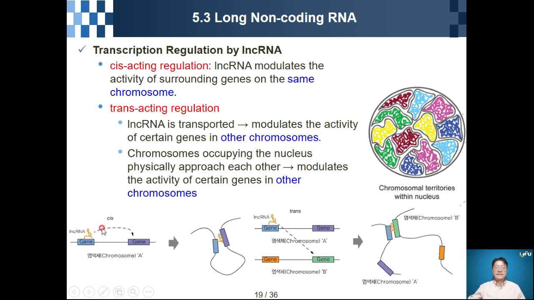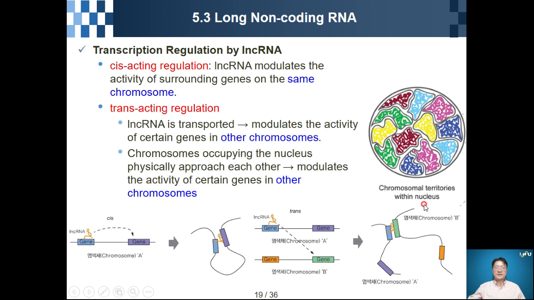First, cis-acting regulation happens when lncRNAs modulate the activity of a surrounding gene on the same chromosome. So this one can modulate the activity of the surrounding gene in the same chromosome. Okay, so this is called cis-acting, in the same chromosome.